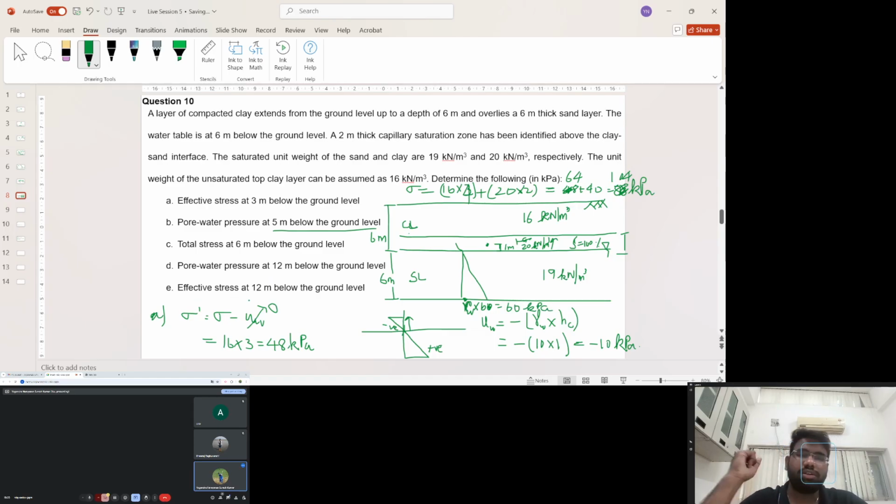Now effective stress at 12 meters below the ground level. You have to compute the entire total stress minus the pore pressure acting at this point.